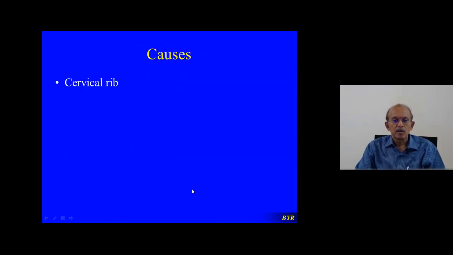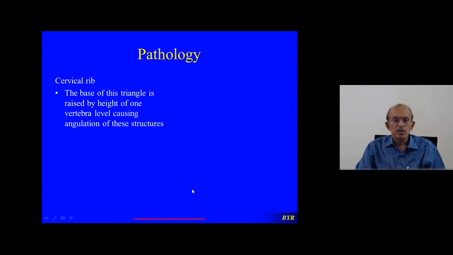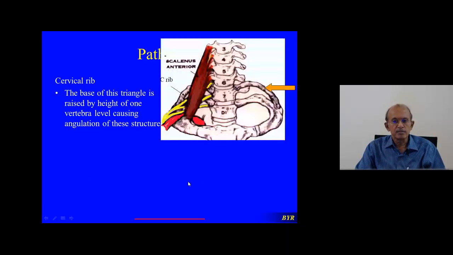Causes. Why can these structures be compressed there? It can be due to the presence of a cervical rib or due to the scalenus anterior muscle itself. Cervical rib: the base of this triangle is raised by a height of one vertebral level, causing angulation of these structures. So this is the first rib, and here is the cervical rib.